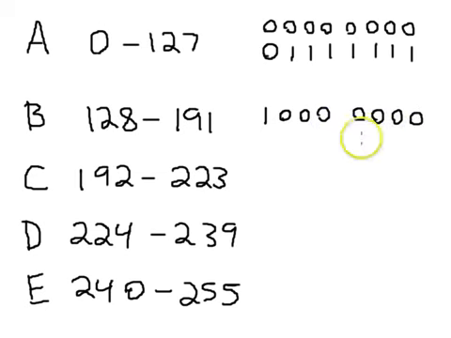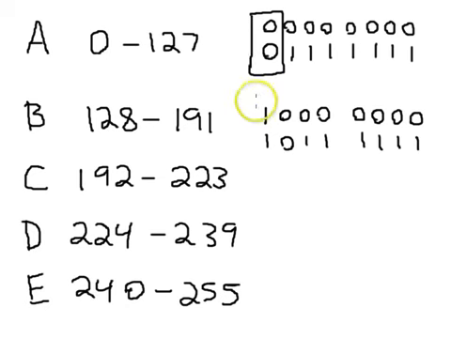The 191 is 1, 0, followed by a bunch of ones. So right here you can already start to see the pattern. Class A addresses all start with a 0. Class B addresses all start with a 1, 0.